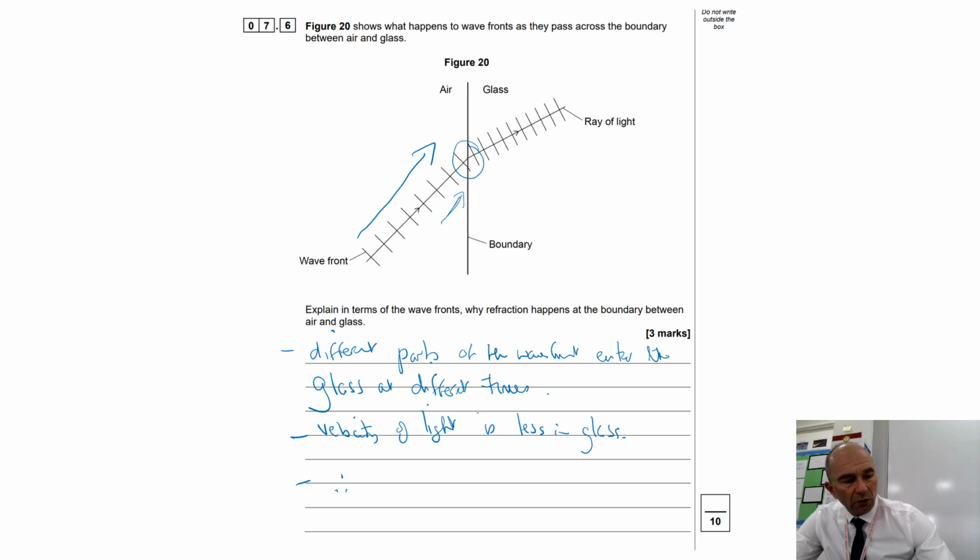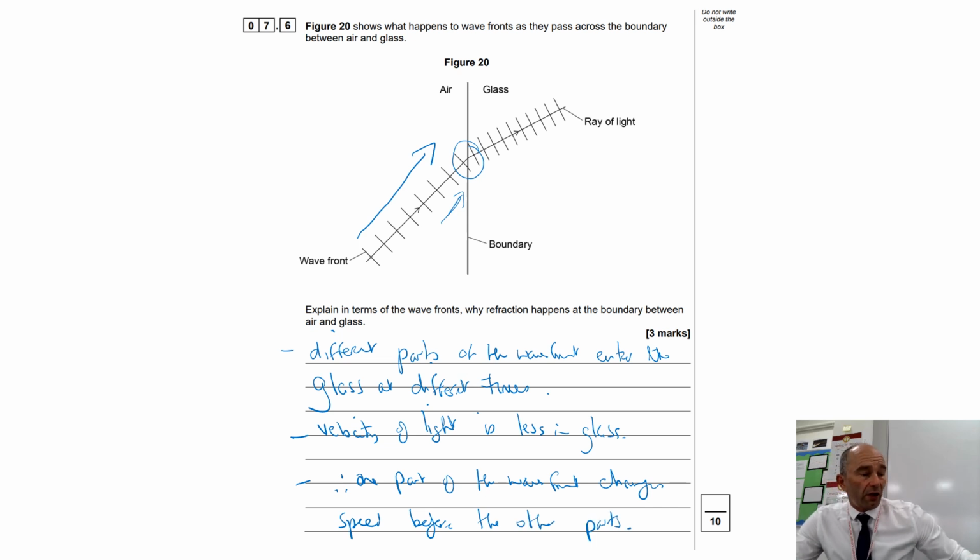Therefore, one part of the wavefront changes speed before the other parts. And there is your 3 marks. Now that whole question is out of 10, quite a nice question. So hopefully you got 10 out of 10 on that one.